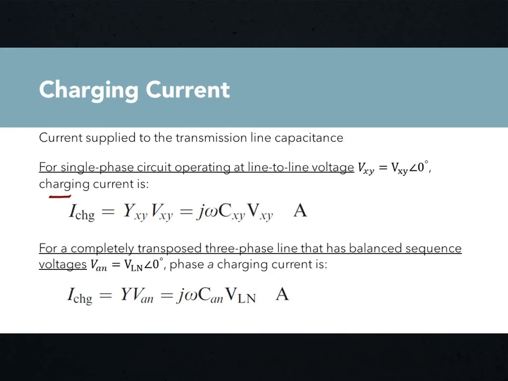For a three-phase line naman, okay, that has balanced sequence voltages, okay? The phase charging current, okay, phase A, phase B, phase C, no, charging current will be like this. So your admittance and of course the line to neutral voltage, okay.